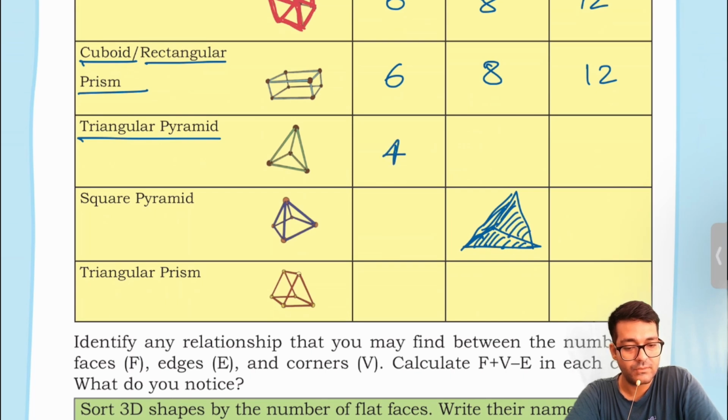That means 4 faces and number of corners 1, 2, 3, 4, 4 corners and number of edges 1, 2, 3, 4, 5, 6. 4 corners and 6 edges.